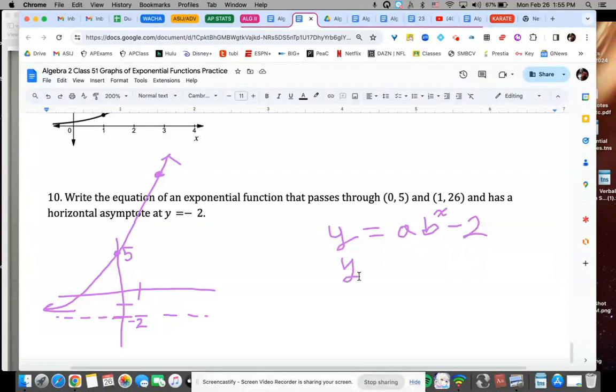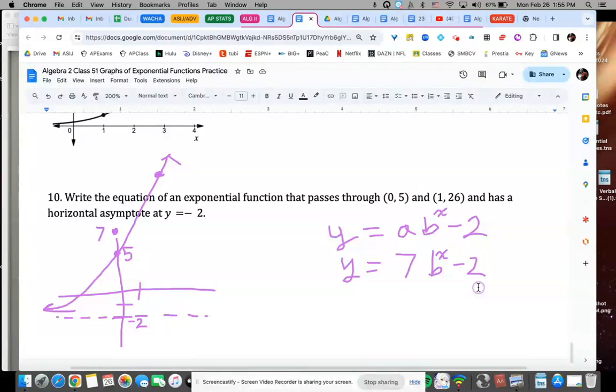So in my brain, I have to logically think out, my y-intercept used to be 7, but because I shifted the whole thing down 2 with this -2, my asymptote went from 0 down to -2, and my y-intercept used to be up here at 7, and it also shifted down 2 to 5. So that's why I have (0, 5) as my y-intercept, even though 7 is my starting rate.